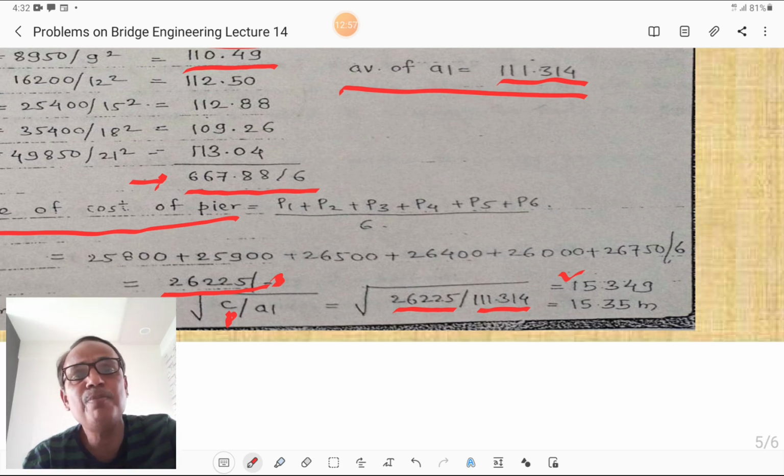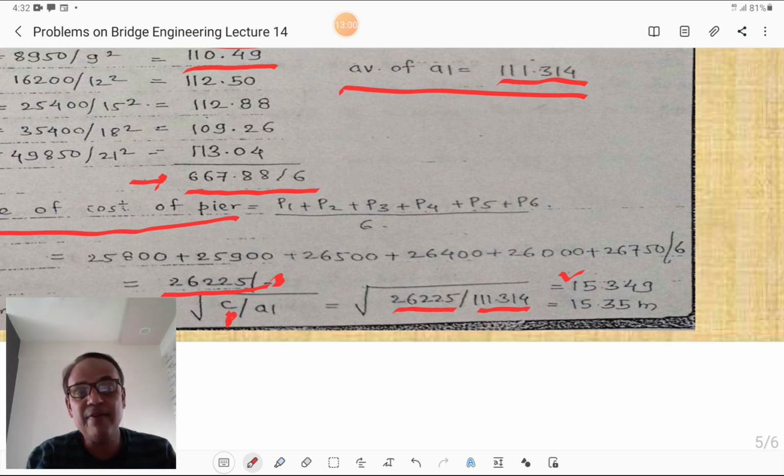So it is so simple. First of all, we calculate the value of A1. How is it calculated? The value of A1 is calculated as cost of superstructure divided by span square, because WL square by 8 is the maximum value of bending moment for the superstructures of bridge, and you must know the cost varies with the square of the span.